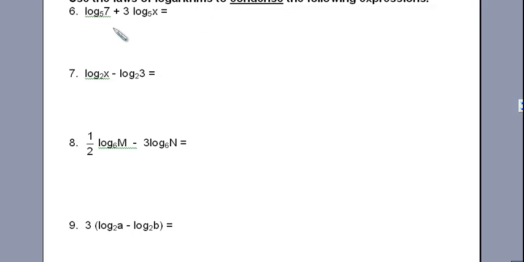This is an addition, so that means that they must have been multiplied. So this is going to end up being log base 5 of 7x when we put it back together as one log. Minus sign means it must have been a division. So this is going to go back together as log base 2 of x over 3.